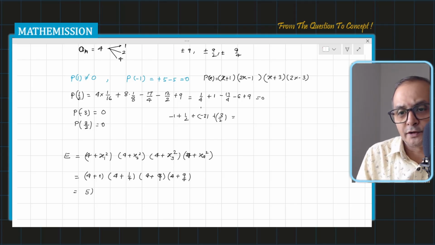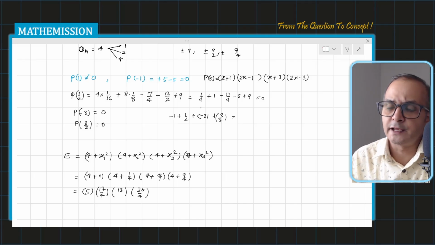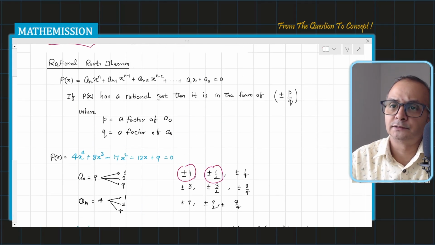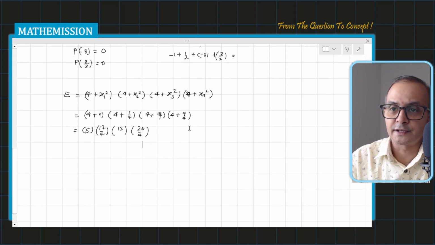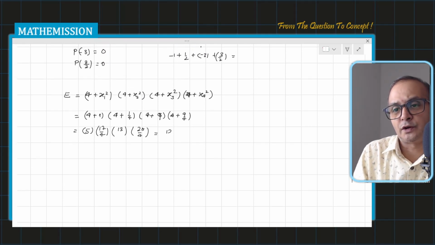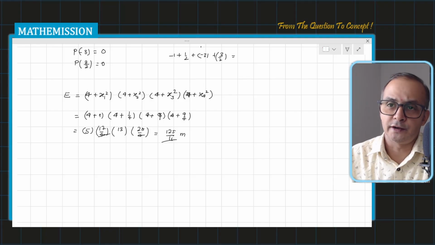What is that? 5 into 17 by 4, 13, and 25. The giant one, but it is equal to 125 by 16m, and from there we can simplify it. The 16 cancels, and we get the value of m. So this is one way to find it.